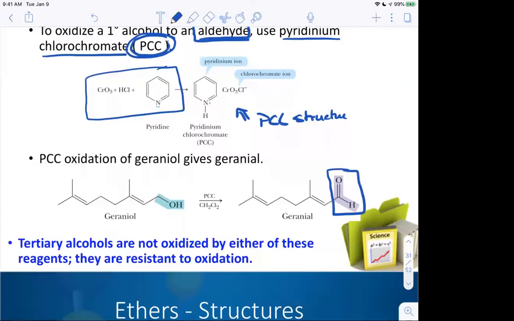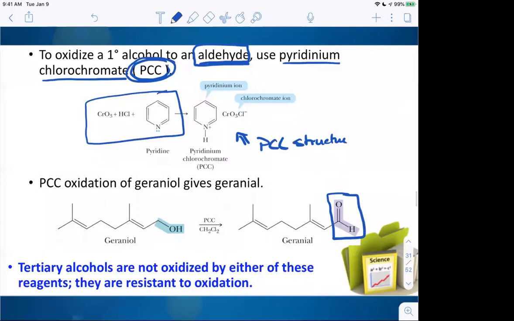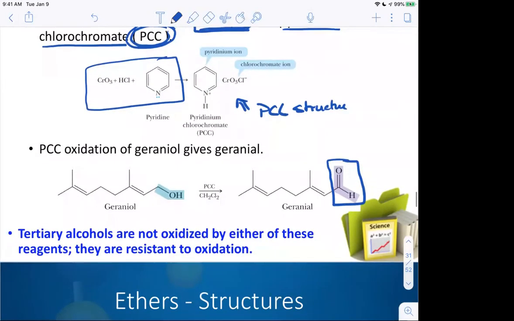I can get the aldehyde specifically by oxidizing primary alcohols with PCC. So this is a selective way to make the aldehyde. The aldehyde will not further oxidize to form the carboxylic acid.